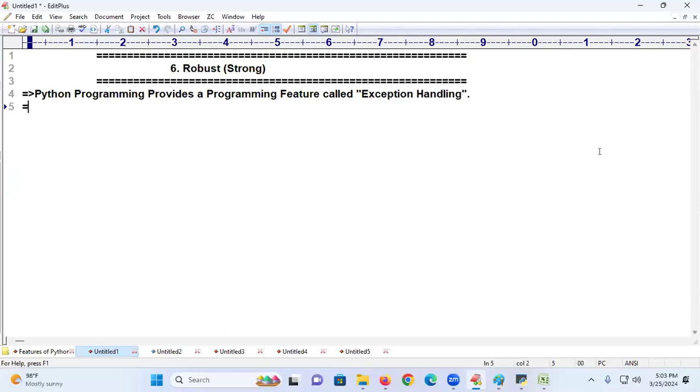Due to this exception handling facility, Python based applications become robust. Robust is nothing but strong. Did you understand why it is becoming strong?